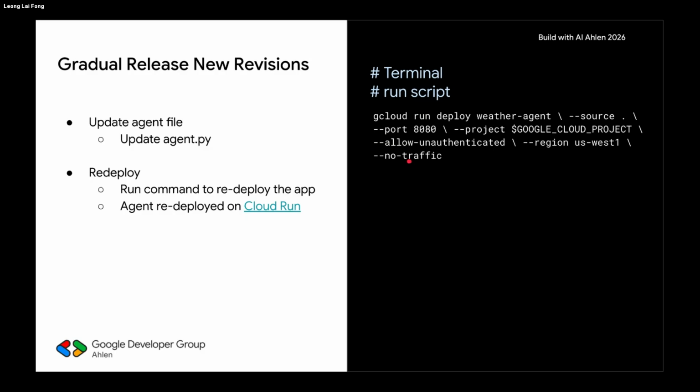So this is a very good strategy when we want to upgrade our AI agent to a new revision. It's not simply redeploying, but with the Cloud Run built-in traffic allocation, you can design a way to have the new revision gradually released.